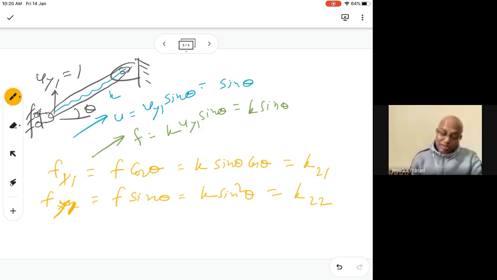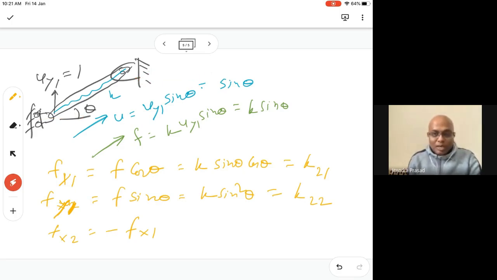Others you can find out automatically. You know that the forces here will be opposite of that. Or simply, from mechanics, you can write Fx2 equal to minus Fx1. Why? Because the forces have to add up to 0. If it is this much in this direction, in the other direction it has to be like this, because there is nothing else here, only the nodal forces, no moments and all.